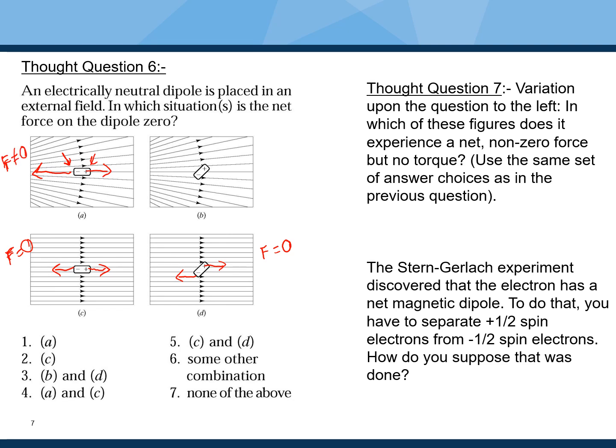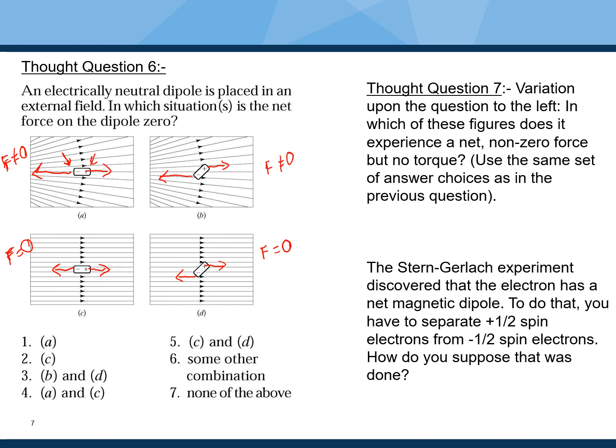The same situation happens in panel B, where the positive charge is in a location where the electric field is more dilute, so it feels a smaller force. The negative charge is in a location where the electric field is stronger, and therefore it feels a larger force. And therefore, in panel B also, the force is not equal to 0.